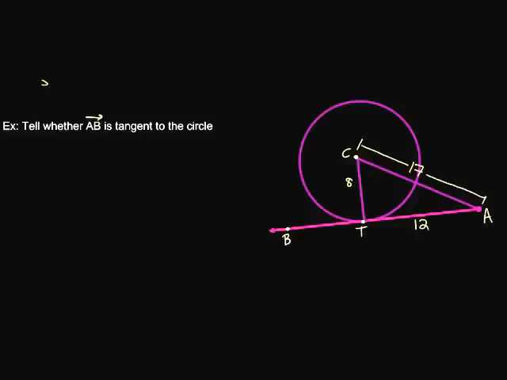If you look at the figure, we have a ray AB, which appears to be possibly tangent at point T, and they've labeled what appears to be three sides of a triangle. We know from a previous chapter on right triangles that we can use the Pythagorean theorem to find out if a triangle is a right triangle or not.